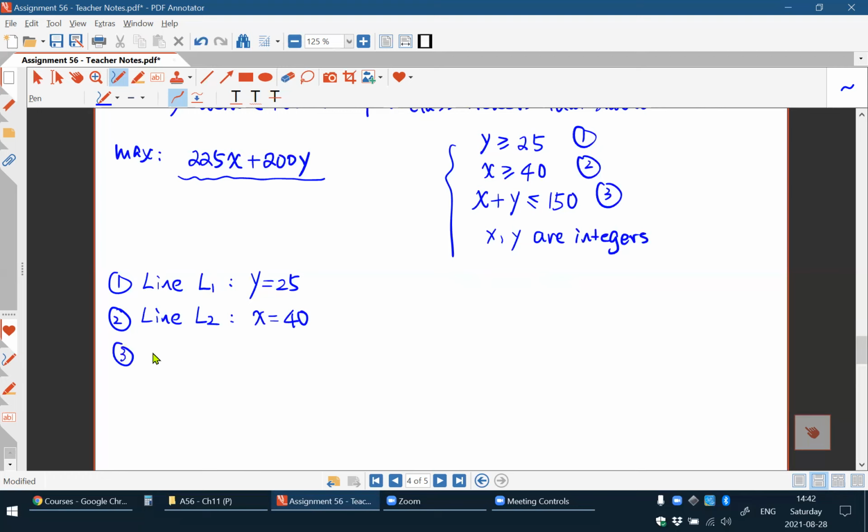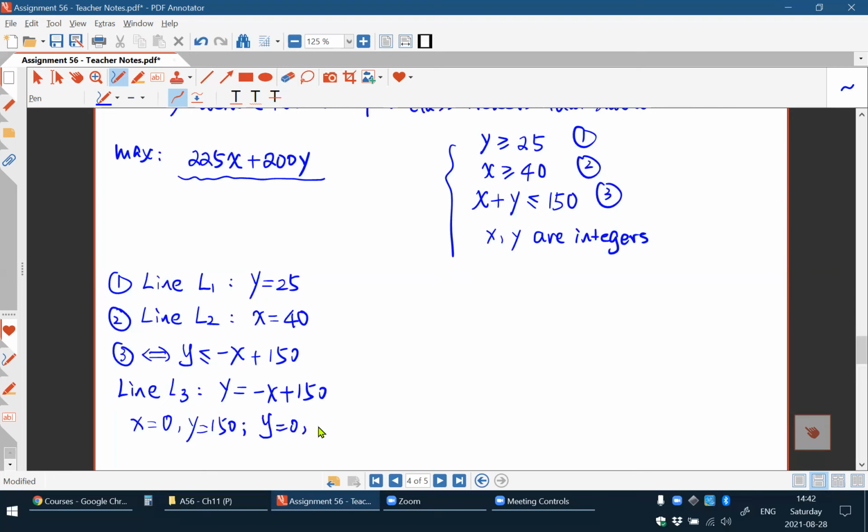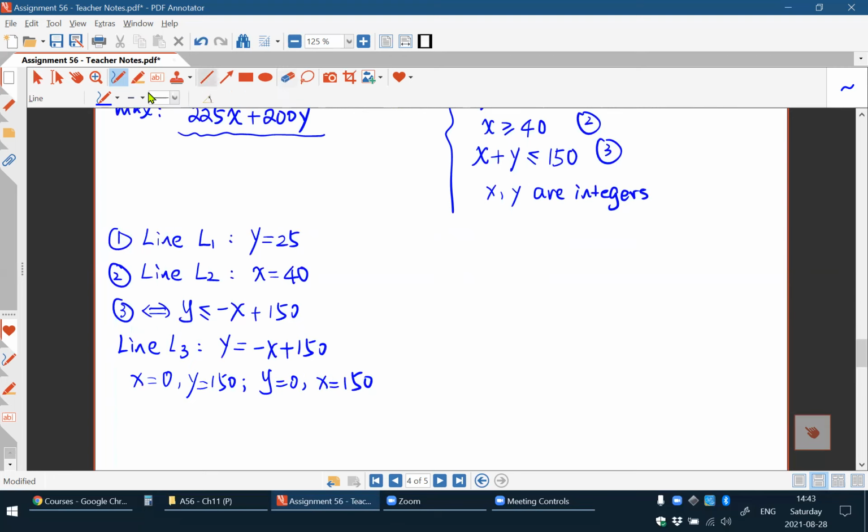And constraint number 3 is actually equivalent to Y less than or equal to minus X plus 150. And the corresponding line L3 is Y equals minus X plus 150, right? So when X is 0, Y is 150. And when Y is 0, X is 150.